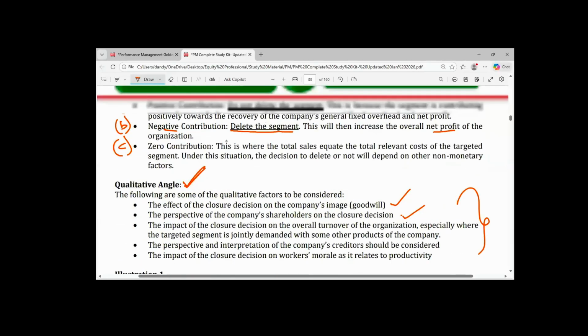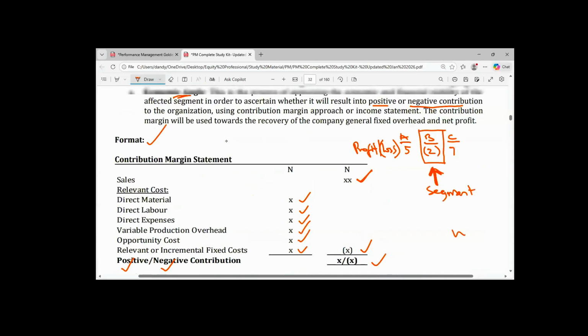In the other time that I mentioned, here we have products A, B, and C. Now this company is thinking of closing down product B because product B is operating at a loss. If, say for example, product B and C are jointly demanded, meaning that customer will not buy product B without product C, and will not buy product C without product B.